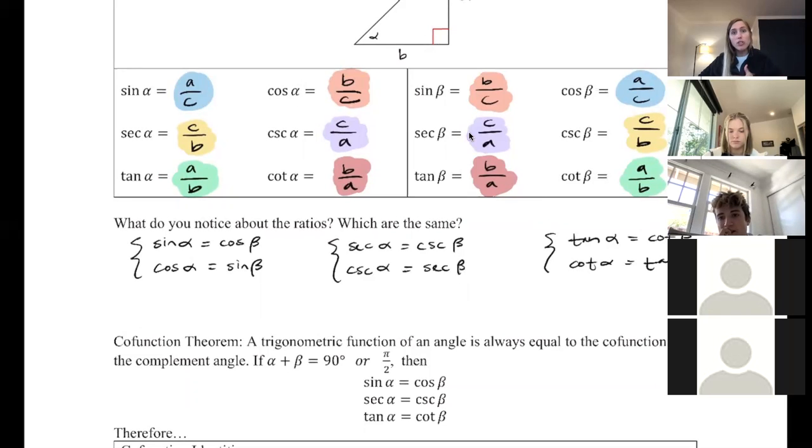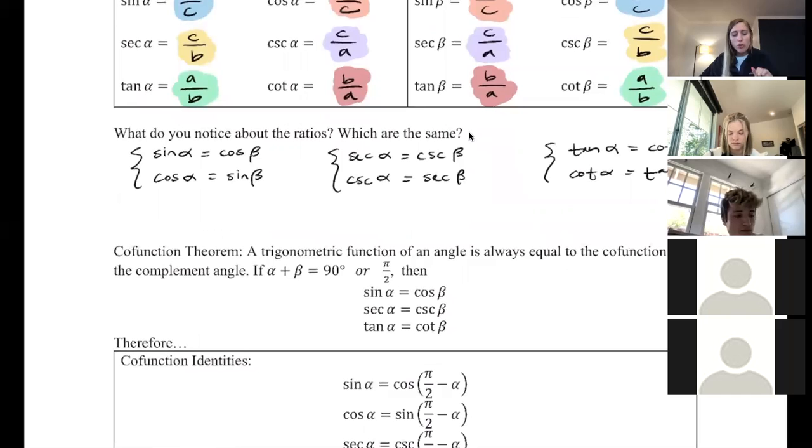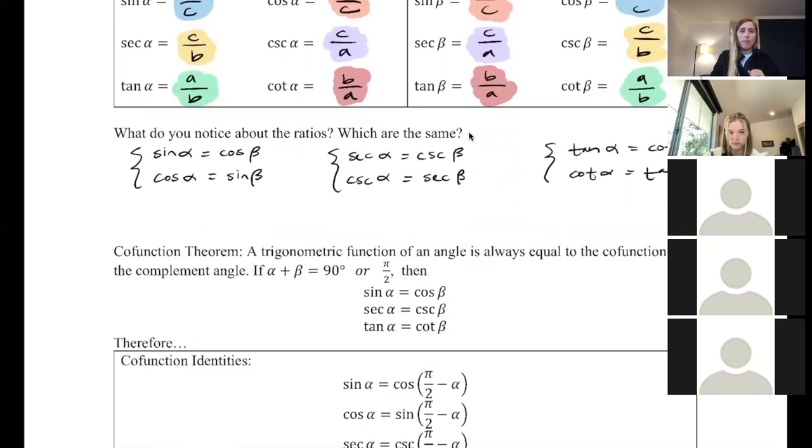It actually has to do with cofunctions, right? Cosine is the cofunction of sine. Cosecant is the cofunction of secant. Cotangent is the cofunction of tangent. Which leads me to the cofunction theorem.